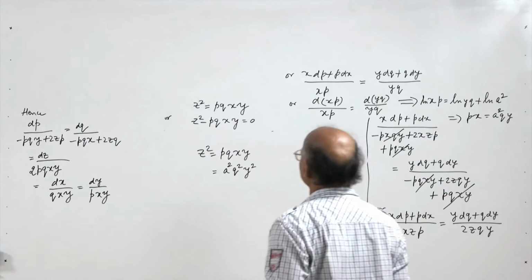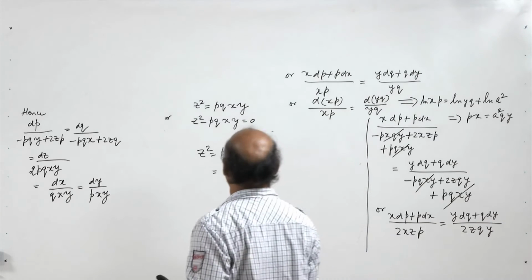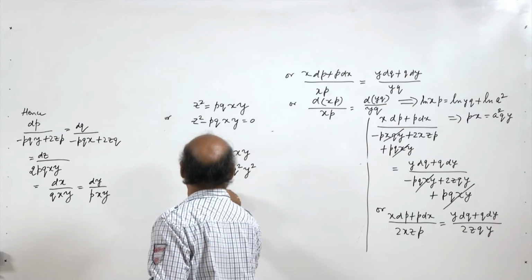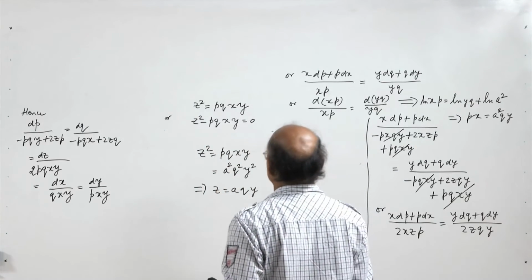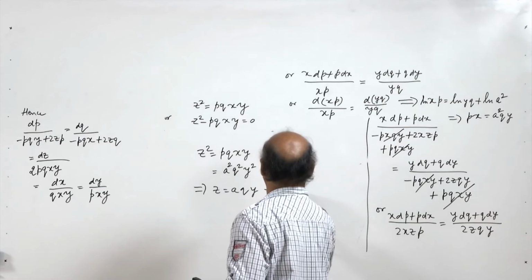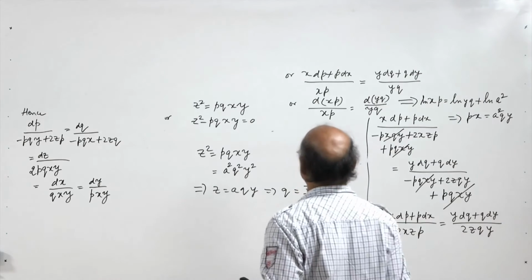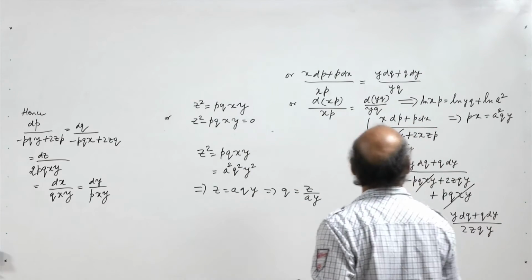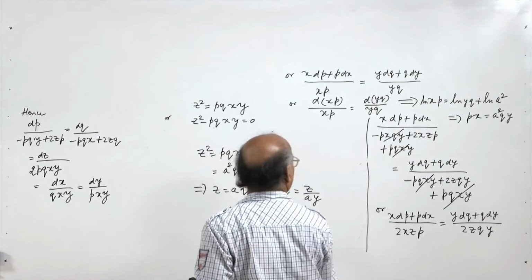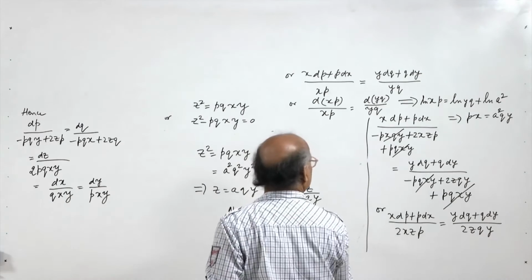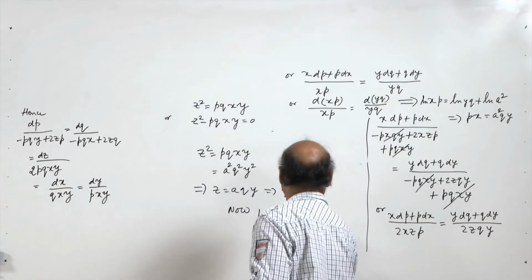So we will get z squared = px times qy. px is a squared qy, so a squared q squared y squared, and so z = a qy. This means that q = z over ay. We have got the value of q. Now from px = a squared qy, p = a squared qy divided by x.